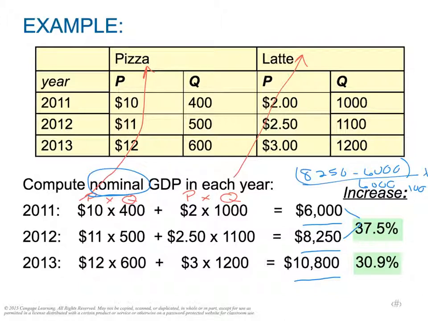This would be incorrect because we don't know if this is a real output of pizzas and lattes, if they really grew that much, or did the price levels rise that much.